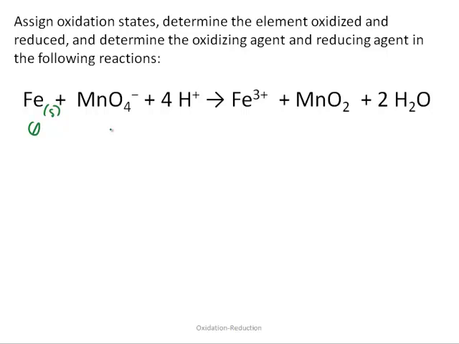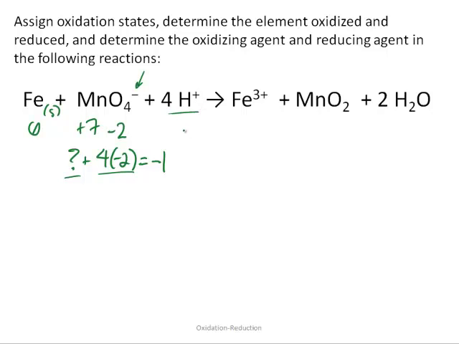We apply oxygen minus 2 from our rule number 5. There's 4 of them with an overall minus 1 charge. With the 4 of them with an individual minus 2 charge, we know that has to equal minus 1 because of its charge. So, what is the charge on that manganese atom? Well, if that's minus 8, this has to be plus 7.